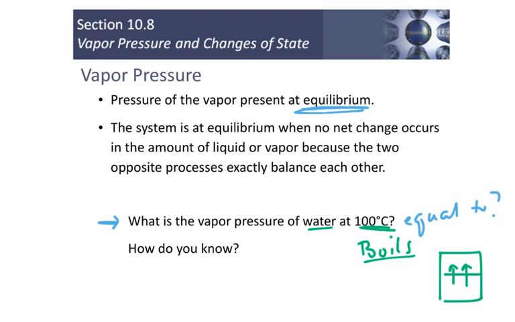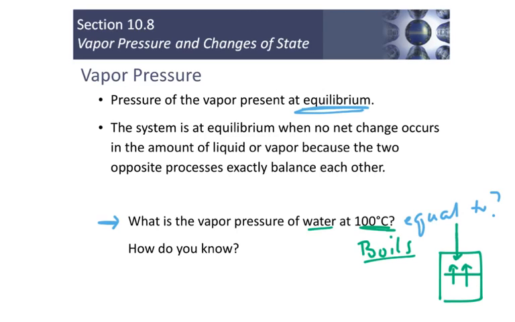All right. So there's a pressure pushing down on this as well. That pressure pushing down is equal to the pressure that the liquid molecules, as they go to the gas phase, are pushing up. Right? At phase changes, boiling, melting, freezing, condensing, all those things, you have equal pressure going up and coming down.